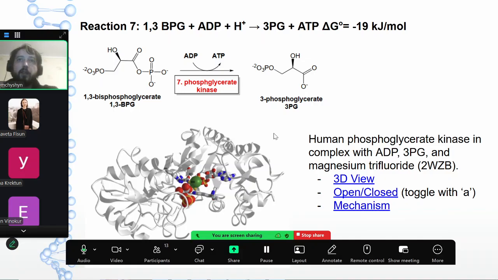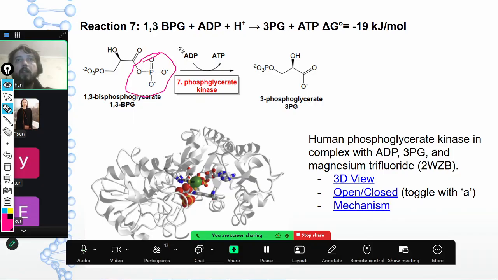Reaction number 7, phosphoglycerate kinase. It's now a payoff step once again. So we have ADP and we create ATP. So we are using one of the phosphates here to be transferred to ADP and create ATP, and we are left with just one phosphate.